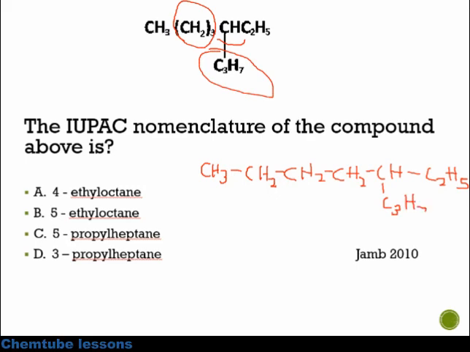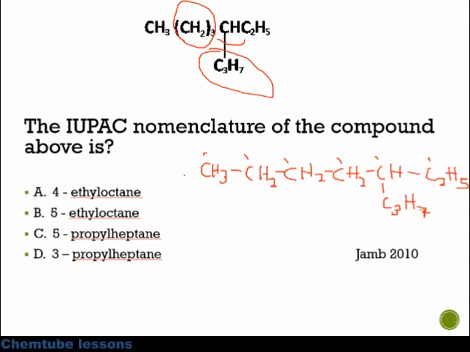Then for this one, it is C3H7. Before you name an organic compound, the first thing you have to do is find the longest chain. The longest chain is going to be your root chain. So how do we get the longest chain? Let's count: 1, 2, 3, 4, 5, 6, and with 2 carbons here, 6 and 7.